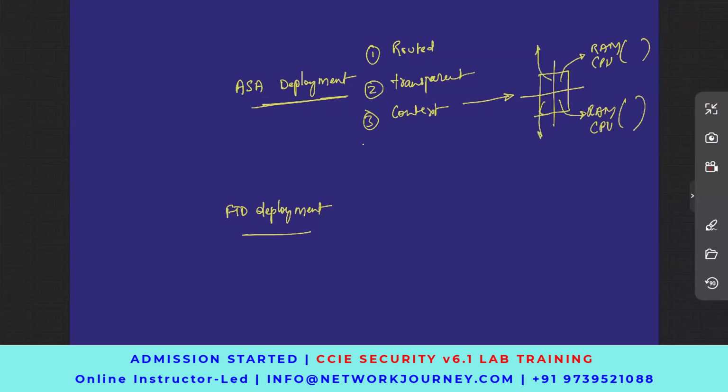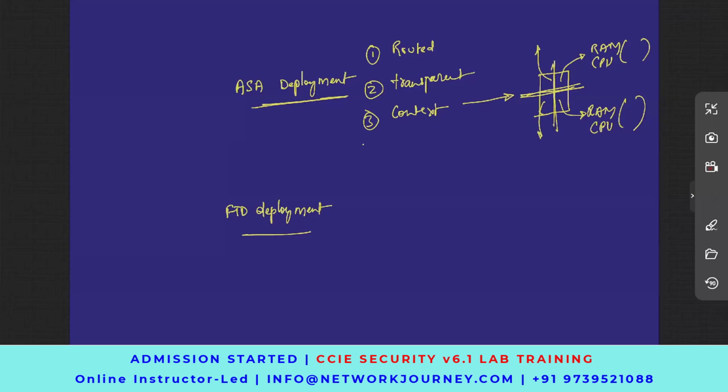So that's a context. You do this because you don't want client one facing an issue because client two is over-accessing the device. That happens. So you are logically dividing it into four different blocks. ASA can also be deployed in that way.